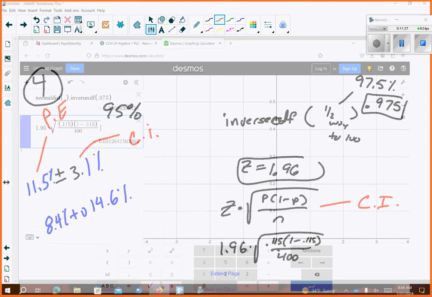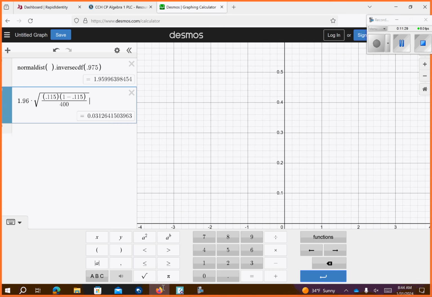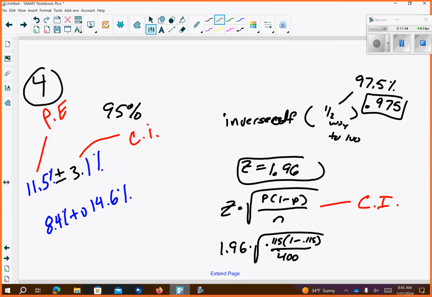But if I go back to Desmos and I change this and say, let's make that 4,000, look at what changes. It gets a lot smaller. If I go 40,000, 400,000, 4 million, the multiplying value to get our margin of error changes nicely.